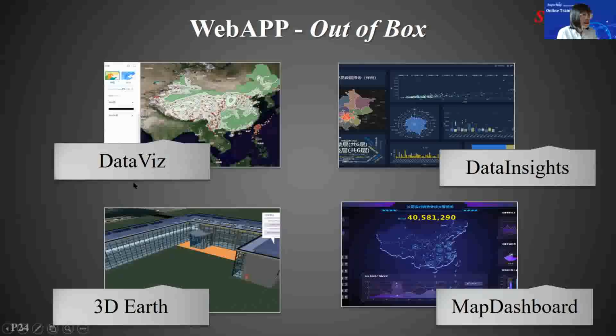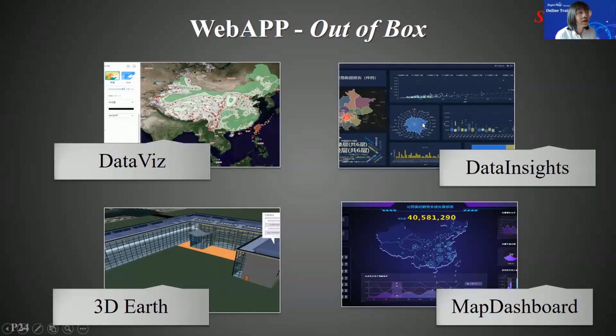So the dashboard apps: now we have 3 web apps called database, data insights, and 3D Earth map dashboard. With database you can create your thematic map on the website, and it provides many default styles and data sets.